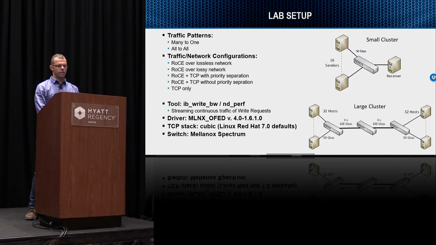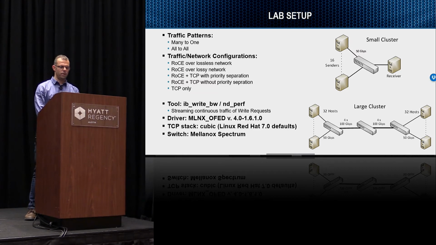We also tested several network configurations. We began with RoCE over lossless networks, to use as our benchmark. We continued, of course, to test RoCE over lossy networks. We tested coexistence of RoCE with TCP traffic, with the network configured as I described previously, with priority separation between RoCE and TCP.